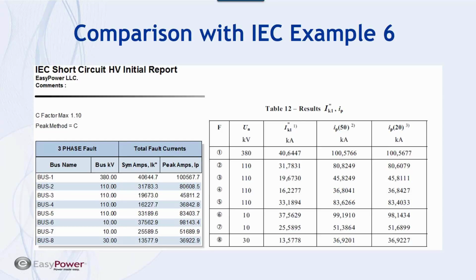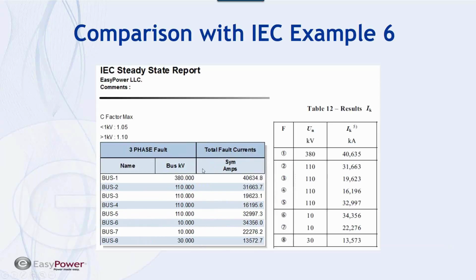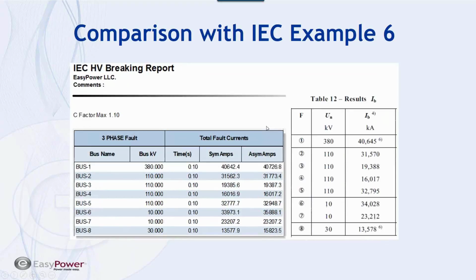Not to talk about EasyPower necessarily, the details and the extent of this work, but as I said, this is not just one method or two methods. This is a combination of a lot of approaches we have implemented there, and it's really significant that these results are matching so well here. Steady state report values, compare them with what IEC recommends, example 6.